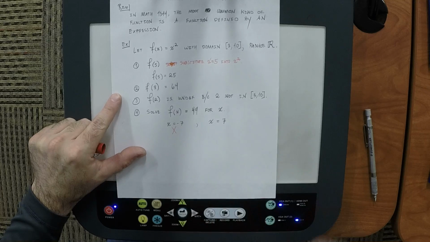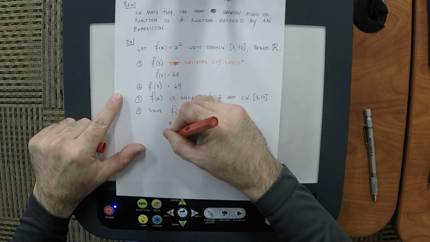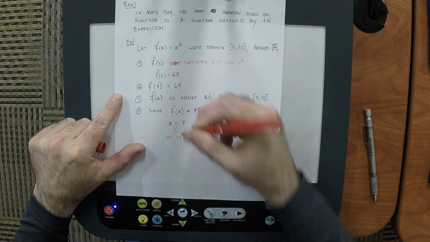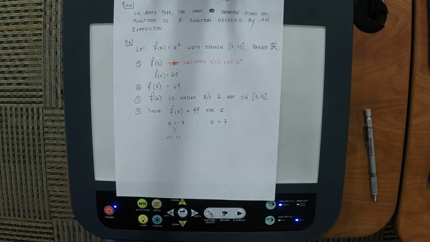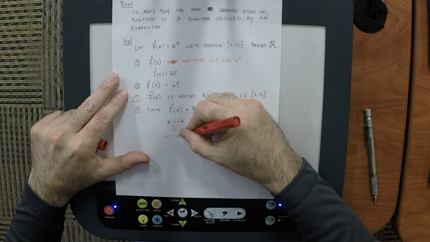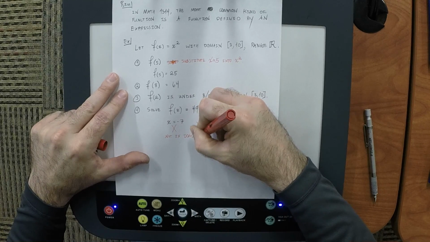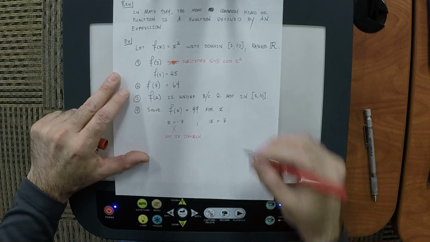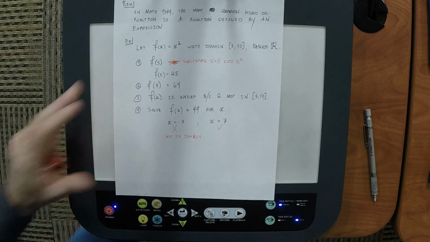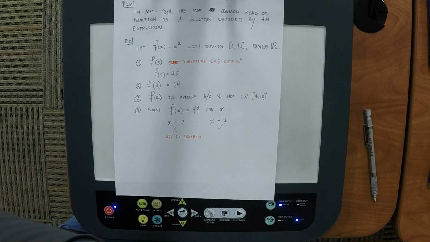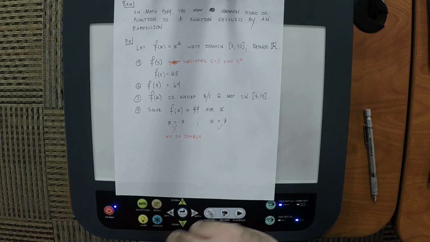Because it's not in the domain. Good. Even if you don't take the detour, I still have to make us take the detour so no one gets trapped there. So that one's not in the domain. This one is a solution.